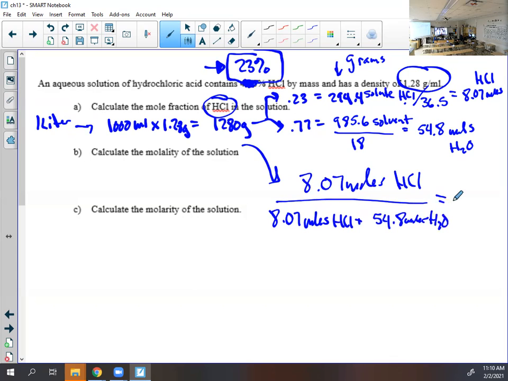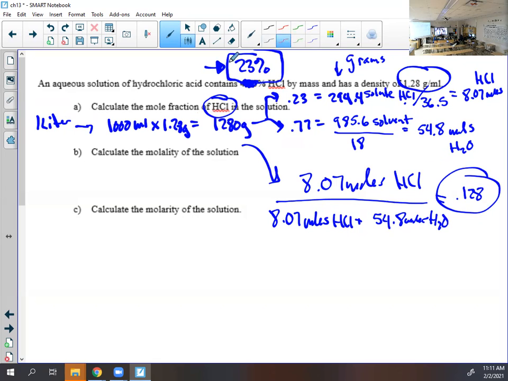I divide that and I get 0.128 as my mole fraction of HCl. If I needed it for water, I would just subtract this number from 1, so it would be about 0.872. It doesn't matter. And I would have that.